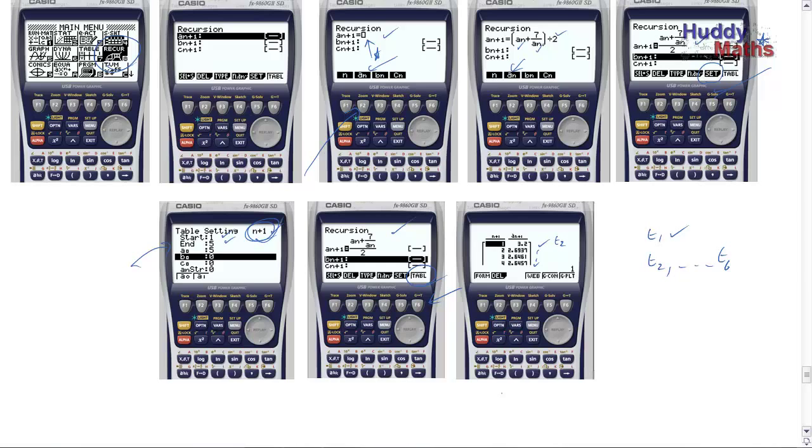So please keep that in mind, this calculator use for recursion problems, because there are other areas in mathematics where we use a recursion approach, and it's going to be useful there. All right, so we're on question 8, and that's the way to do question 8, part A.